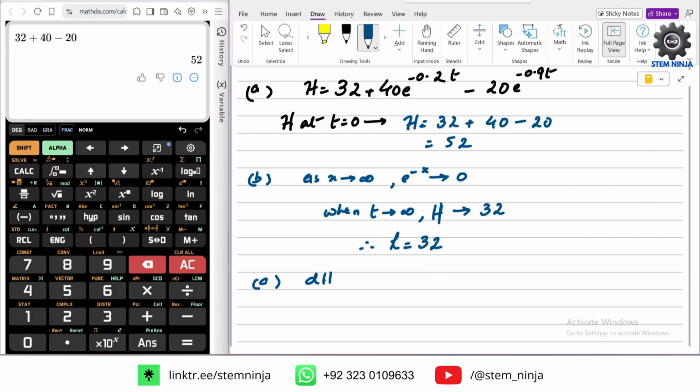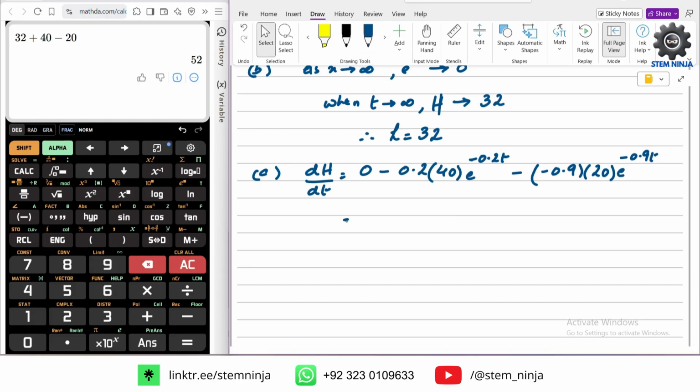So dh over dt is 0 minus 0.2 times 40 e raised to power minus 0.2t, and minus 0.9 times 20 e raised to power minus 0.9t.